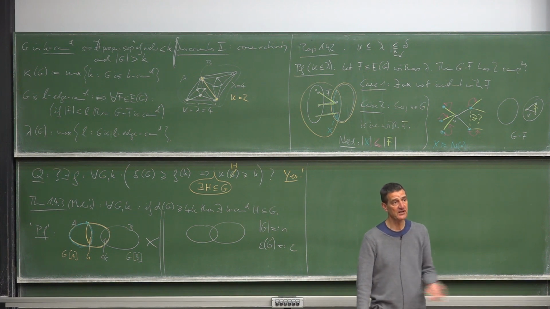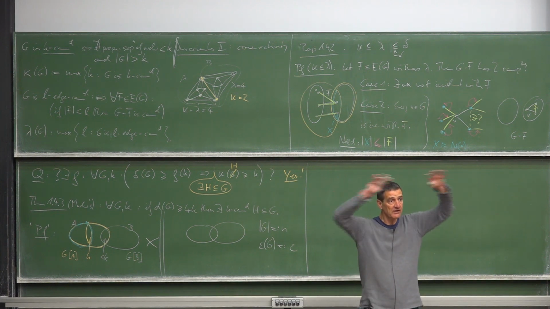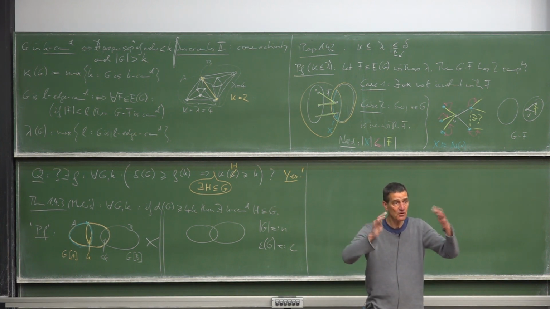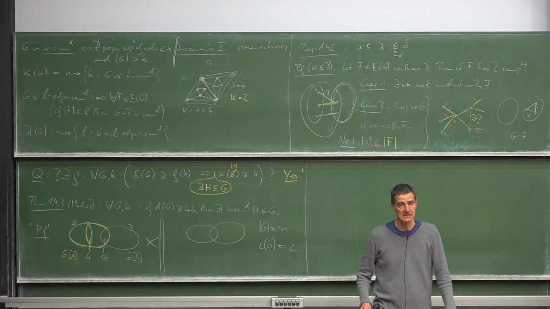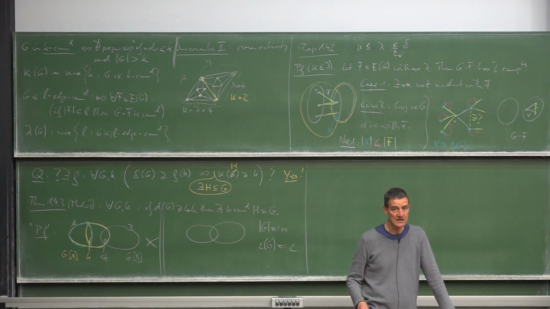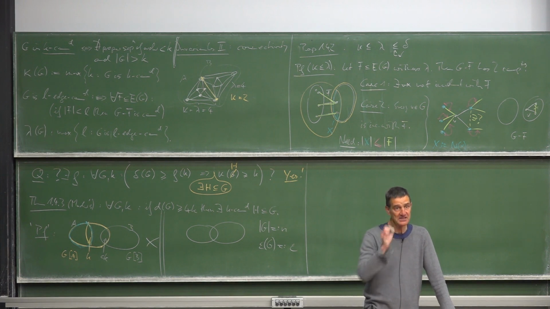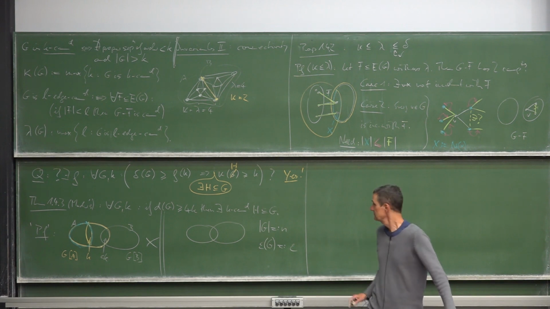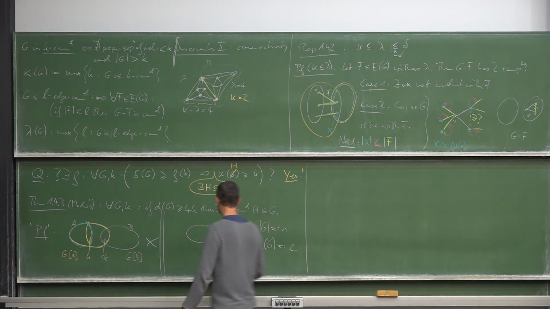But the proof strategy was to say, okay, if this graph doesn't have the min degree we want, make it a little smaller by deleting a vertex of low degree, such that deleting this vertex doesn't put us in a worse position than we are in now, namely that the average degree that we had doesn't go down. And we can try and do the same now.